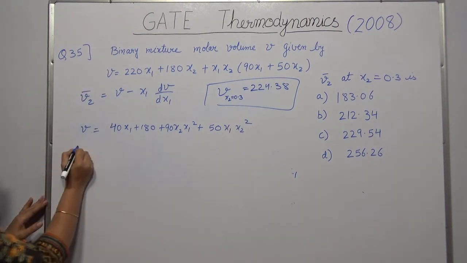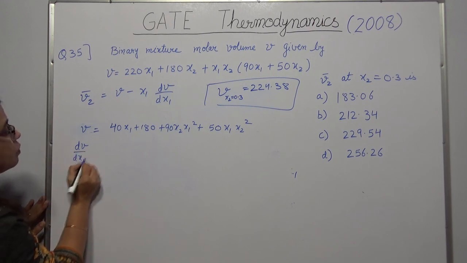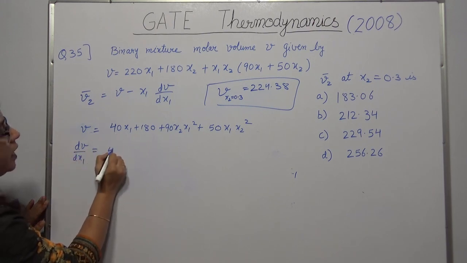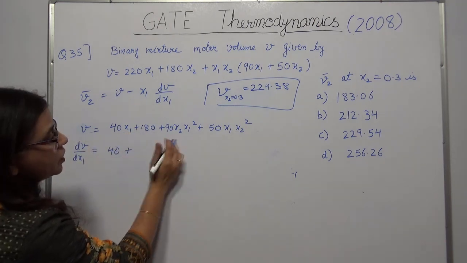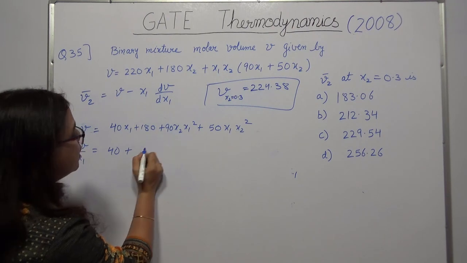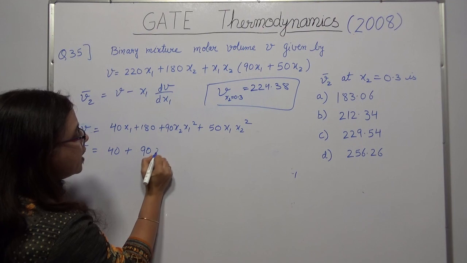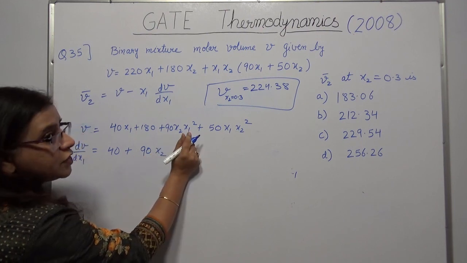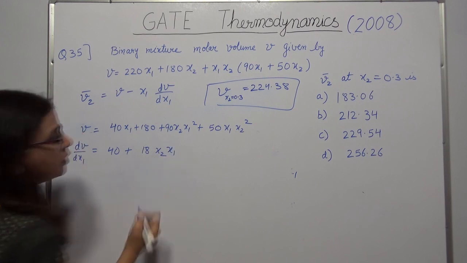Now I am going to take a differential of this. So dV by dx1 will be 40. The constant 180 will give you 0. Plus, now I will apply the chain rule. First I will differentiate the x1 square term, so 90 times x2, and the differential of x1 square will be 2 x1, so I can write this as 180 x1 x2.